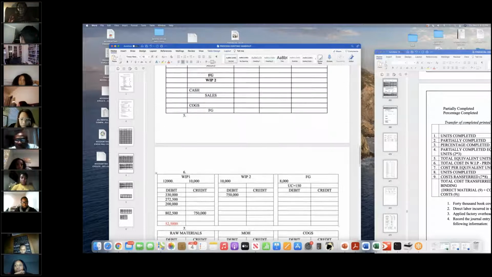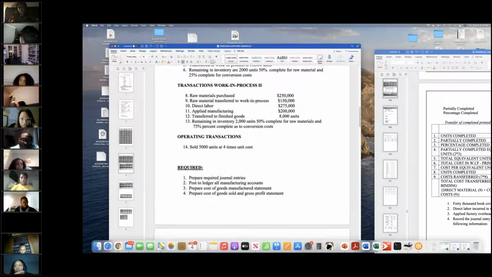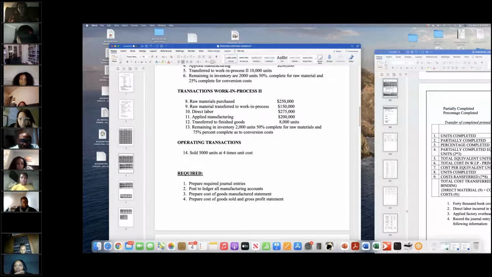So what I want you to do is make these 4 journal entries and post them, and then tell me the transfer to finished goods. Any other questions by anyone? Okay, so you got 10 minutes to get that done.